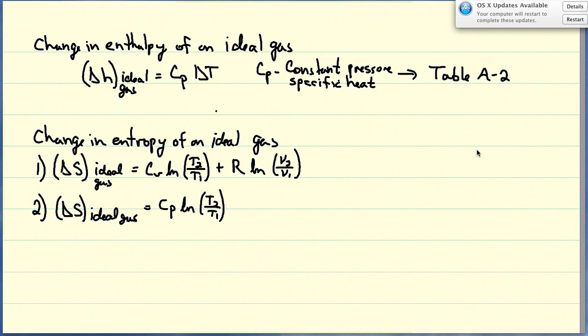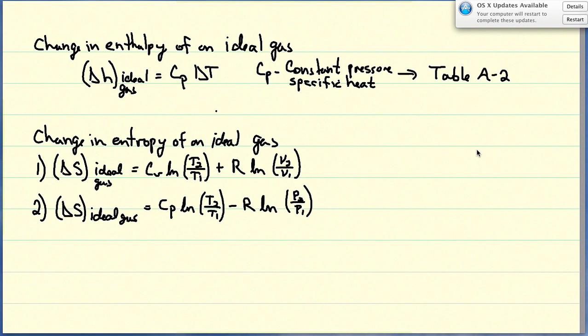Caution: make sure that you're using absolute temperatures there. Whenever you do a ratio of temperatures, you have to use absolute temperatures. Minus the gas constant times the natural log of the pressure at state 2 divided by the pressure at state 1.